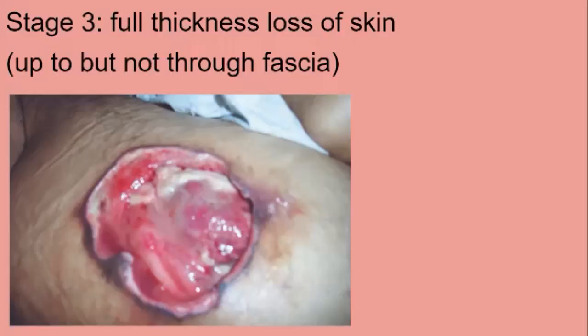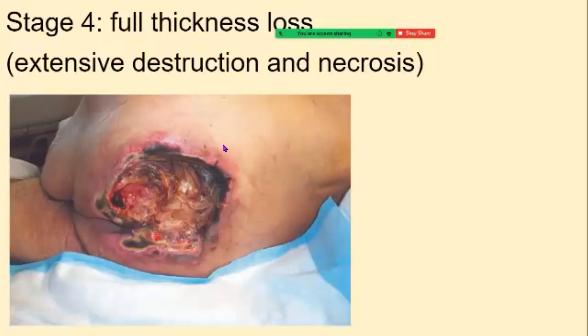It's pretty bad, isn't it? And you can see how the skin on the outside is black. It's necrotic, it's dead. It would need to be removed to a certain point. And then we have a full thickness loss, which is extensive destruction and necrosis. So you can see all of this black here is necrotic.